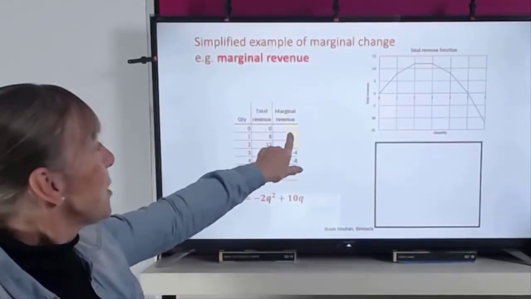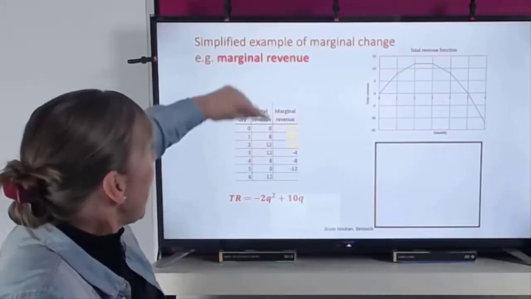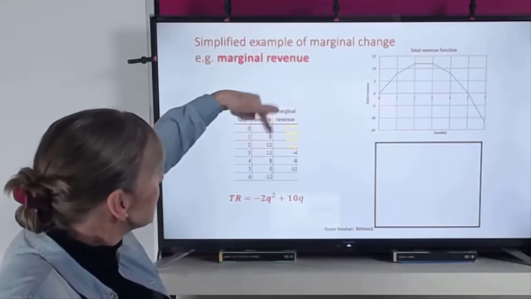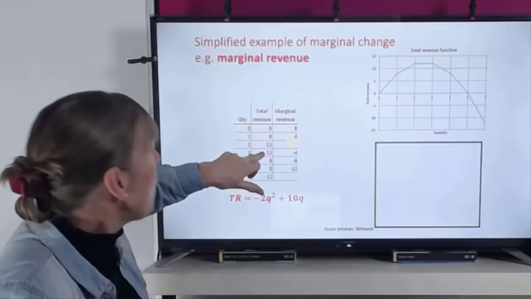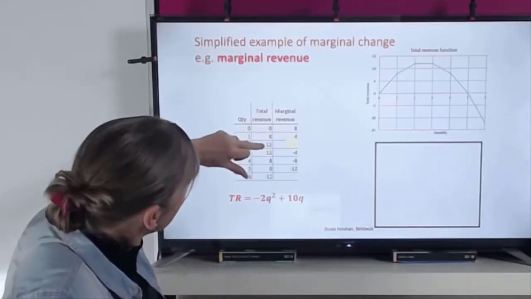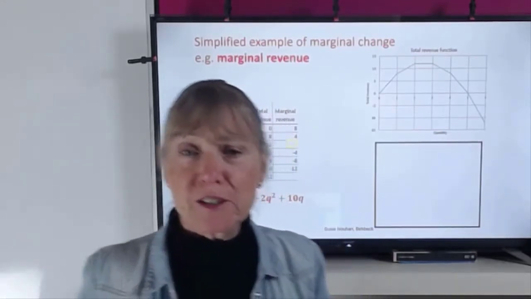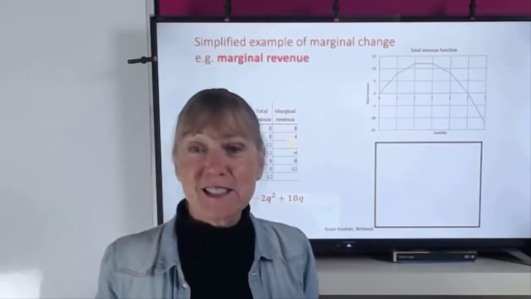But anyway, here are our marginal revenues. We get no revenue if we don't sell any. So how much marginal revenue do we get if we go from 0 to 1? Well, hopefully you can see that it's 8, and then it's going to be 4. And then what happens there? Look, the marginal revenue we get if we go from selling 2 to selling 3 is 0.